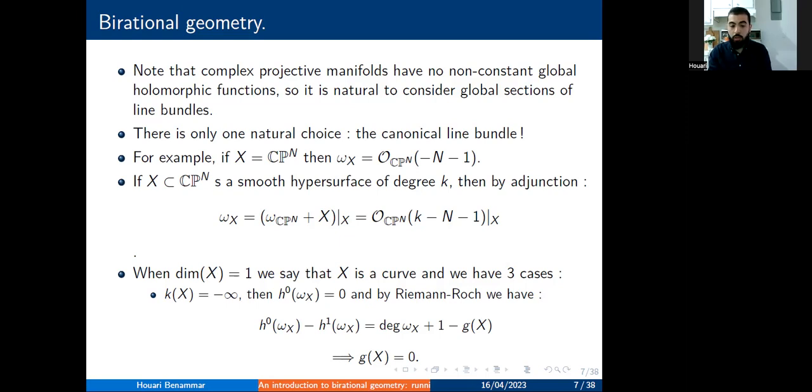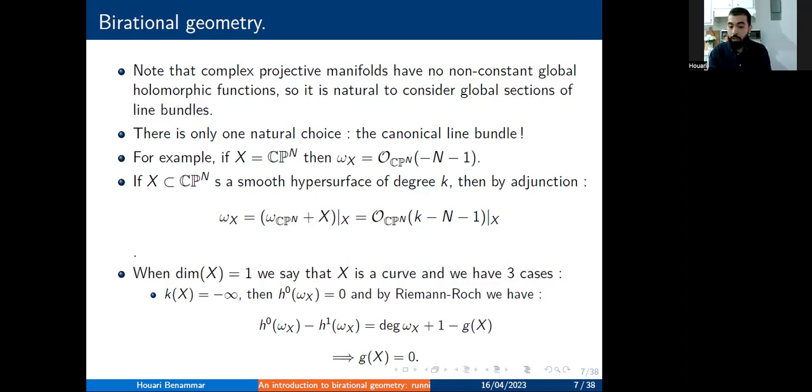So let's discuss the geometry of curves. A complex projective curve is a Riemann surface. So when the dimension of X is equal to 1, we say that X is a curve, and we have three cases. The first one is when the Kodaira dimension is minus infinity. That means exactly there are no sections.